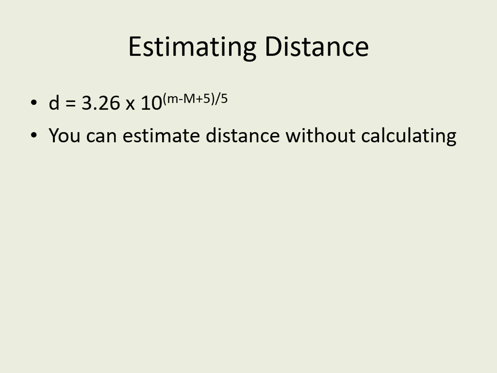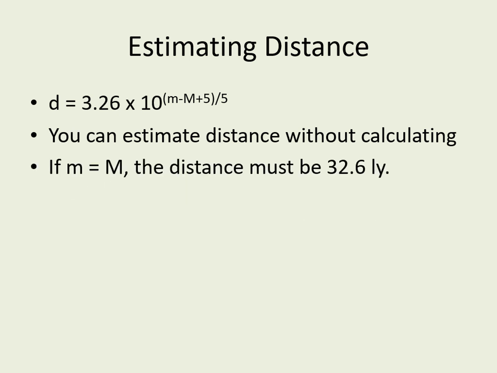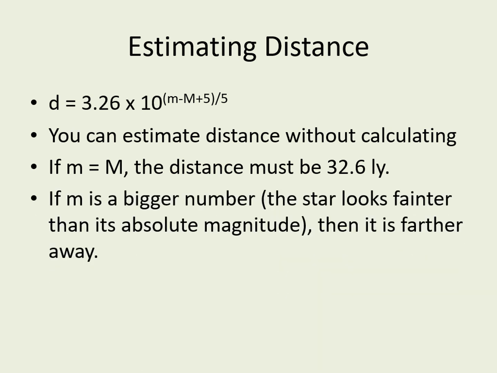The apparent magnitude a star would have if it were 32.6 light years away. So if you see that a star has the same apparent and absolute magnitudes, then it has to be at 32.6 light years away.